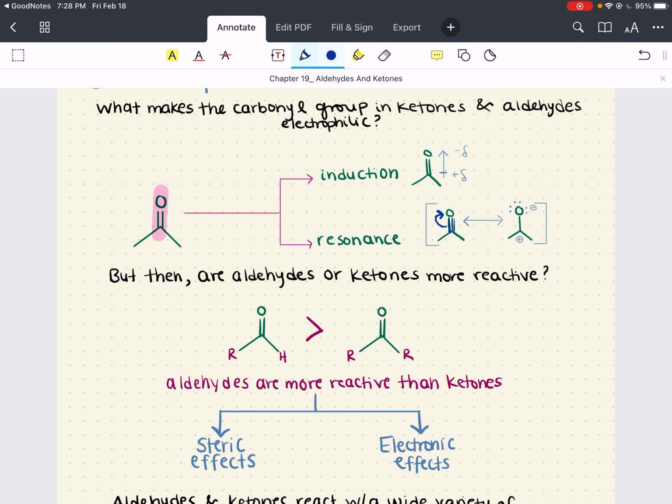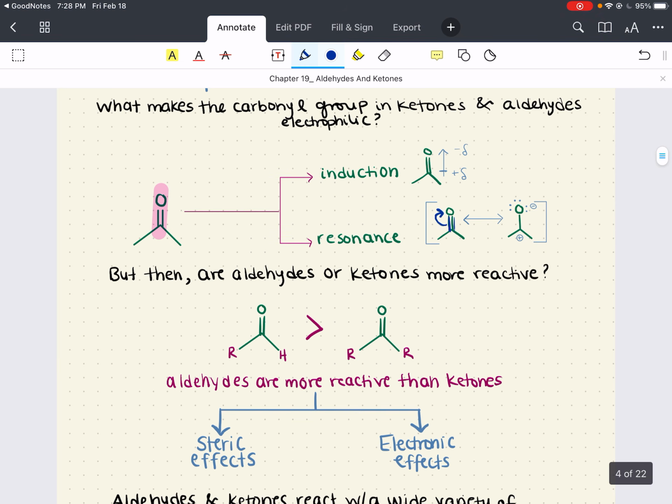So when we're drawing the resonance structures of a ketone or aldehyde, the double bond can dump its electrons on the oxygen, generating this negative charge at the oxygen and this positive charge on the carbon. This is one of the sources of the electrophilic property of the carbon.